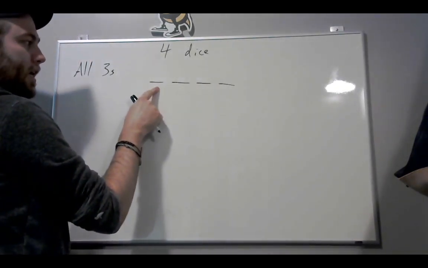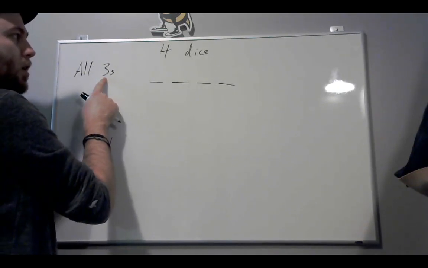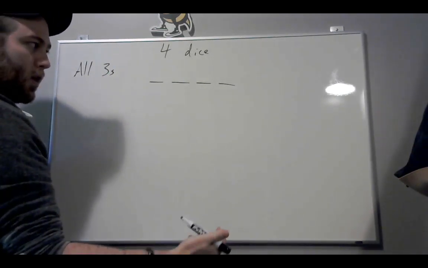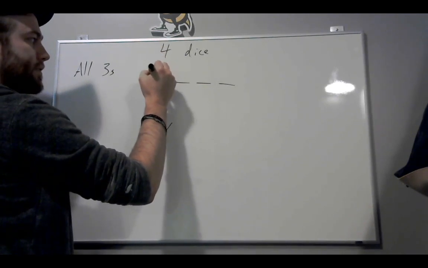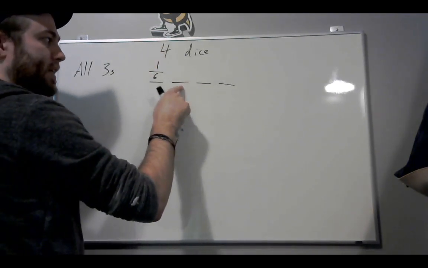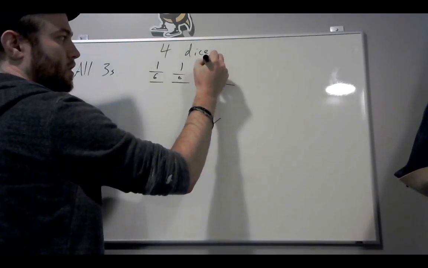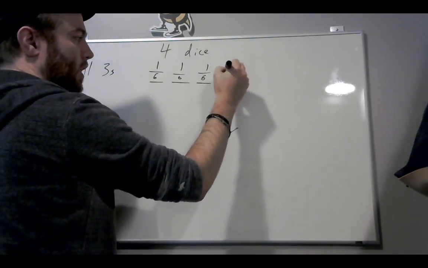For my first dice, if I want it to be a 3, well, there's 6 sides and only one of them is 3, so that's a 1 out of 6 chance. Same for the next dice, 1 out of 6 chance, 1 out of 6 chance, 1 out of 6 chance.